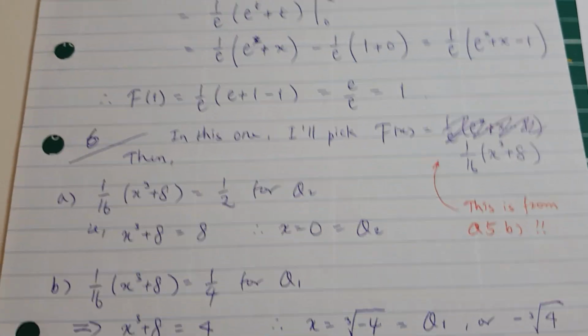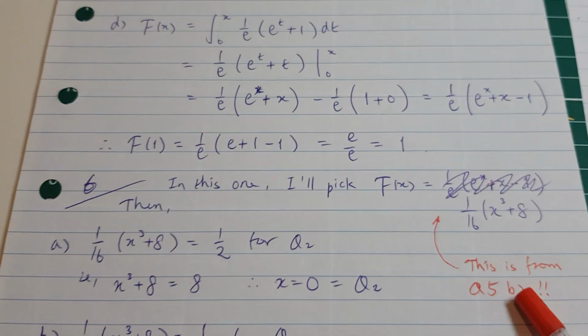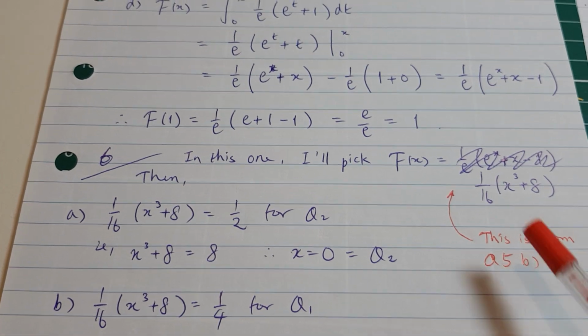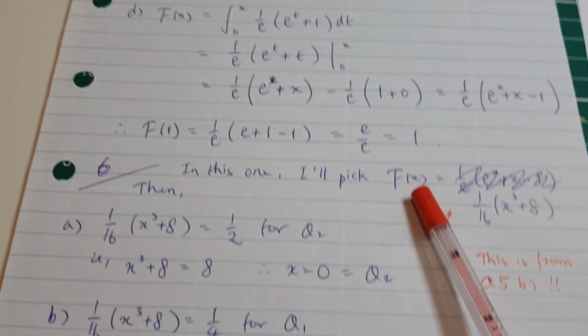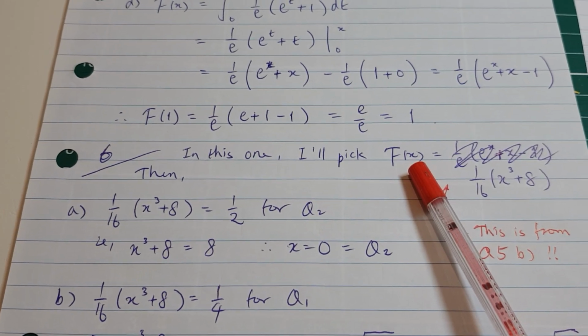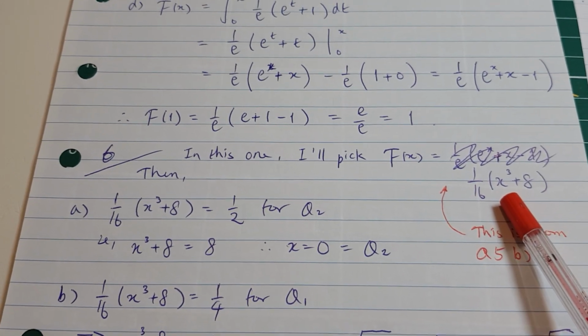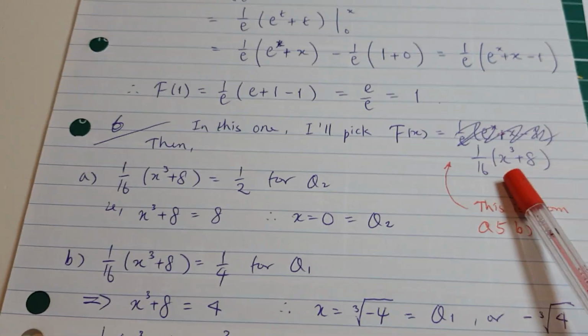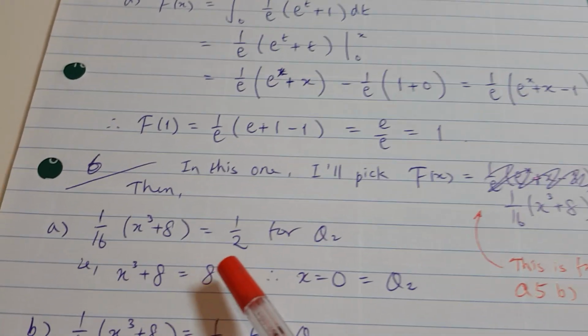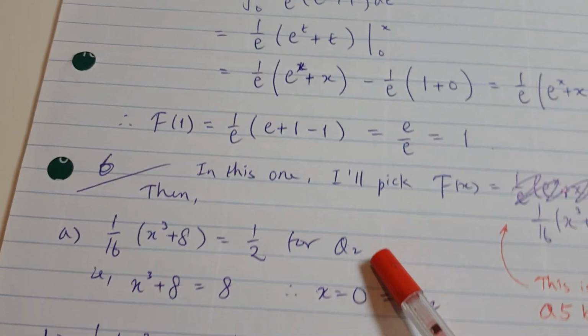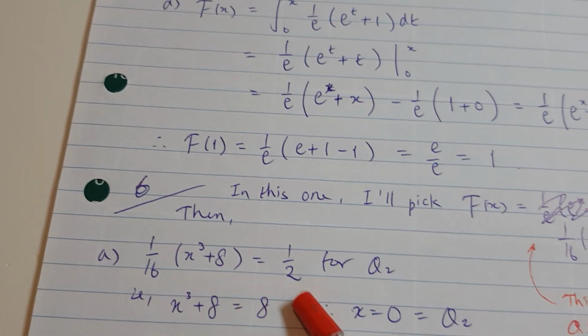Okay, so question 6. Notice here, like I said, I'm just going to use the quadratic case. Now, remember the cumulative function for 5b was 1 on 16 times (x cubed plus 8). First of all, you've got to find the median, so you need to set that equal to half.